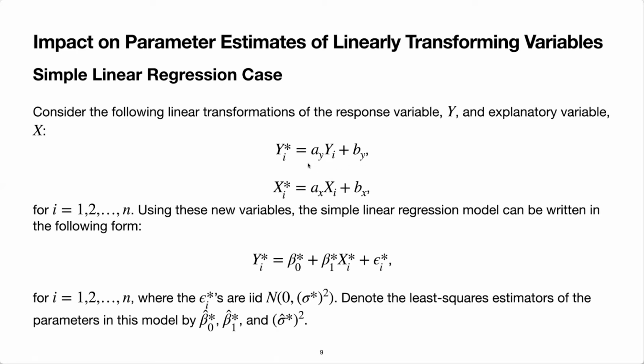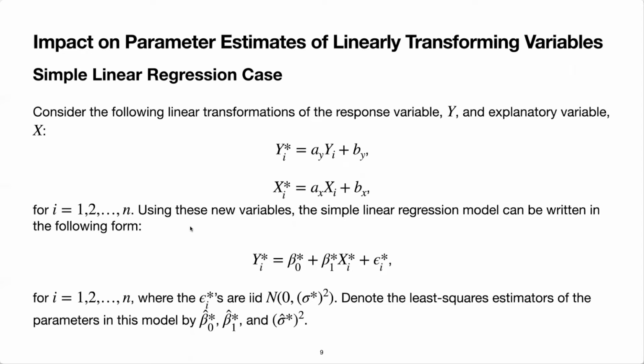So this is a linear transformation of the original response y sub i. The transformed explanatory variable, x sub i star, is equal to a sub x times x sub i plus b sub x. Again, this is a linear transformation, in this case of the original explanatory variable.